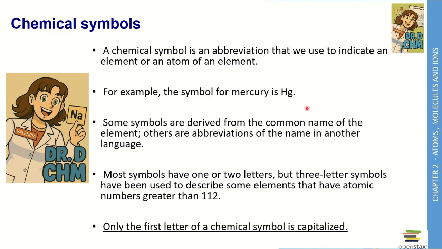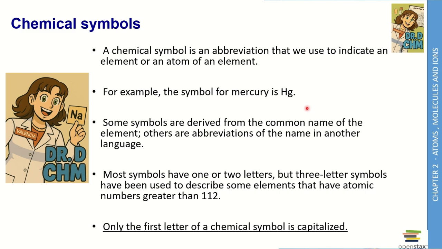Because it comes from a Greek word, hydrargyrum, that means liquid silver or water silver. That's Greek, and this is why we use Hg. Like silver, we use Ag. So some symbols differ from the initials of the name because they come from a different language.